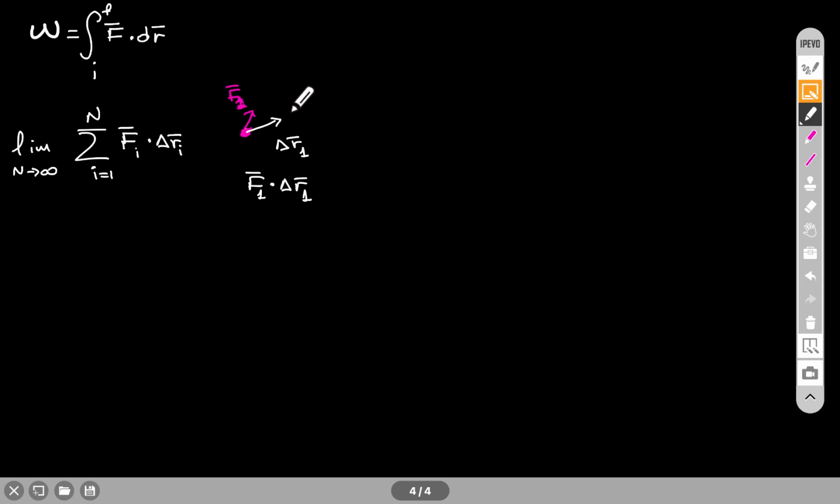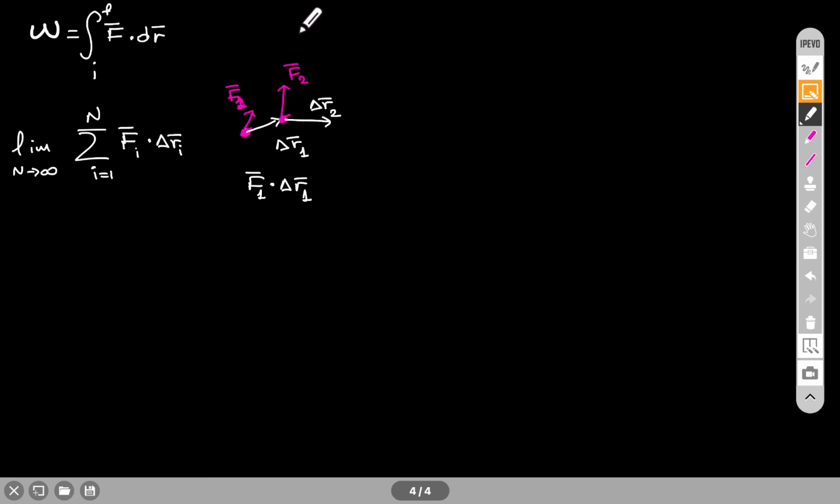Since now my object has moved to this point, there is going to be a different force acting on it because it has changed location. So now I call that F2. The point will now be displaced and it's going to go here, and this displacement vector is delta r2.